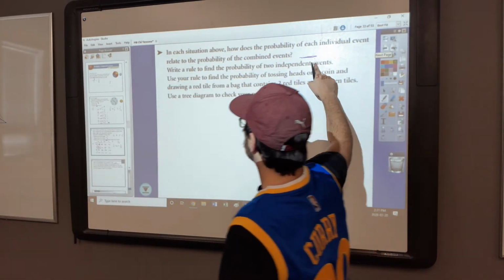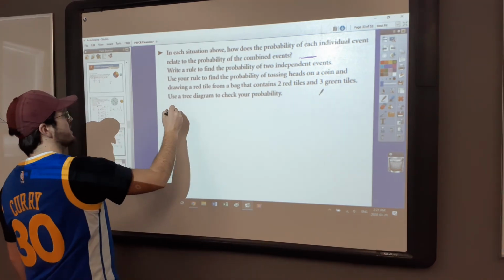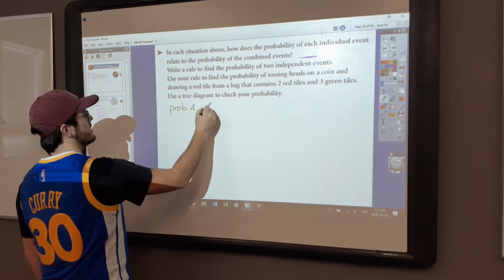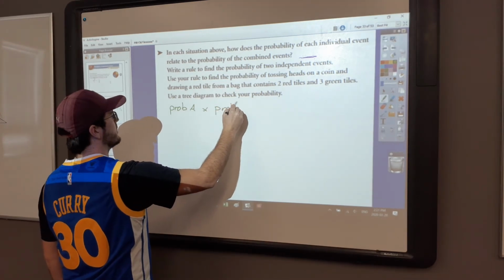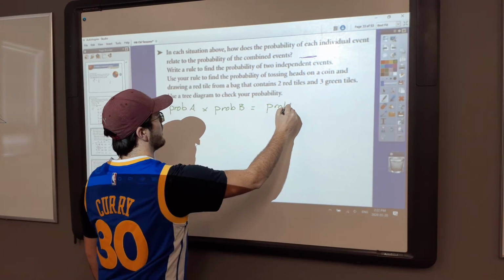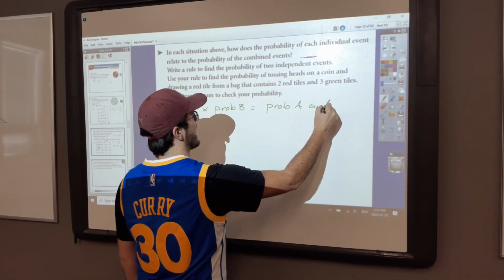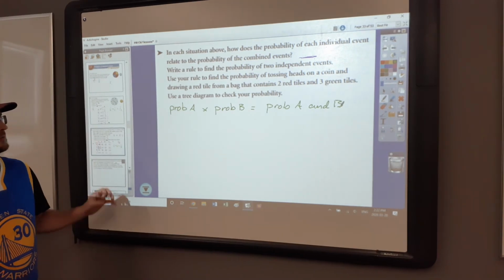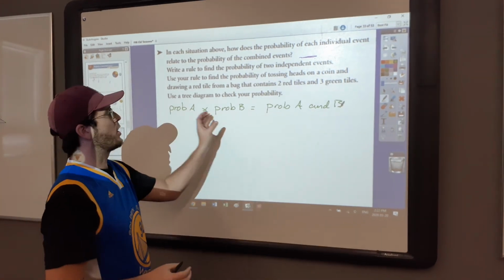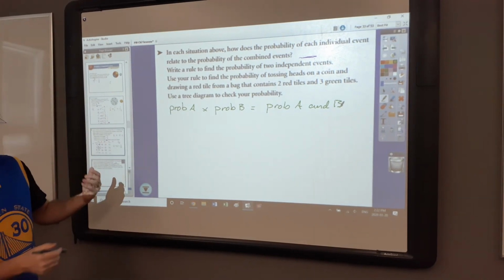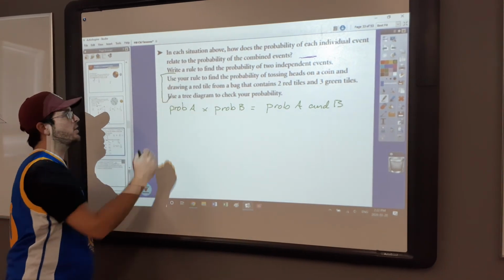So write a rule to find the probability of two independent events. It's the probability of event A, so probability A times the probability of B is equal to the probability of A and B happening. Okay, and further on in probability, we'll make the proper notation for that as well. So if I have that rule, it's always going to work.